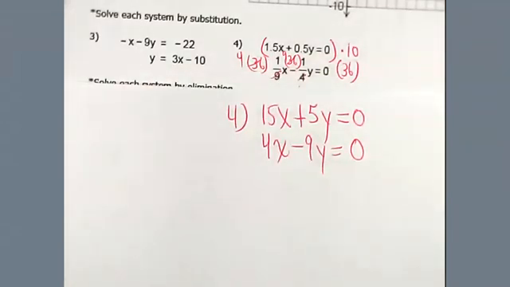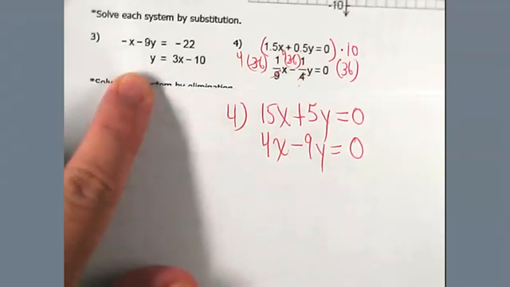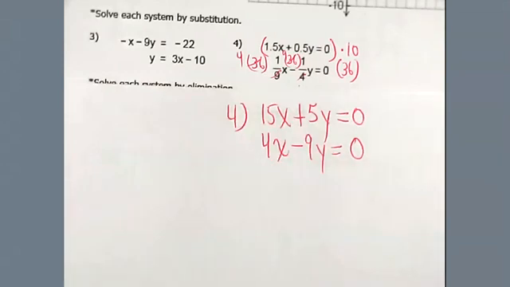Now the directions say solve by substitution, so we don't already have a letter by itself like we did in question 3. So we have to pick an equation and get one of the letters by itself. I'm just picking the first equation at random, and let's solve for y for that first equation.